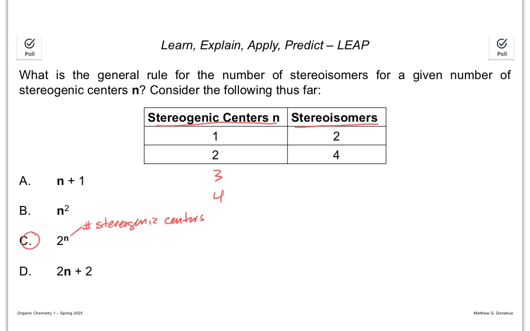So 2 to the 3 is 8. 2 to the 4 is 16. I mean, throw in 5, 6, 7. So you can see it gets pretty complicated really quick, and you end up with a lot of different relationships. Because remember that enantiomers are direct mirror images of one another.